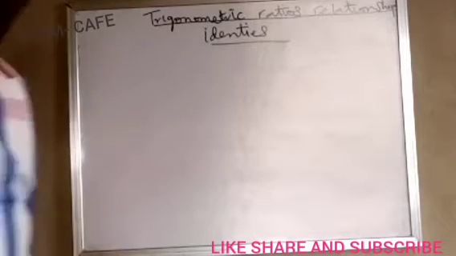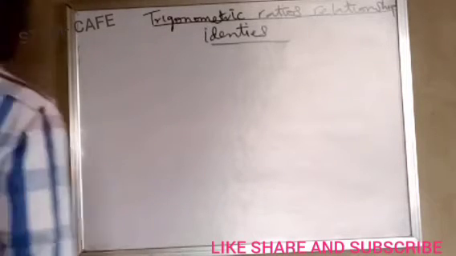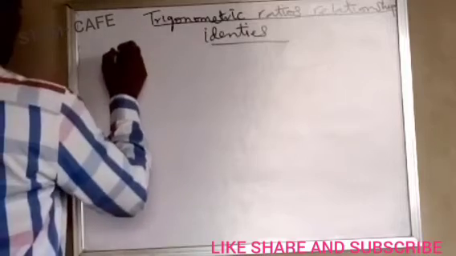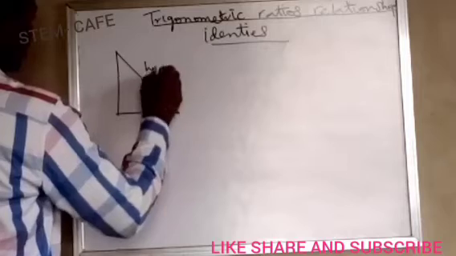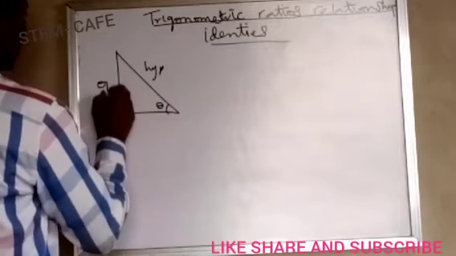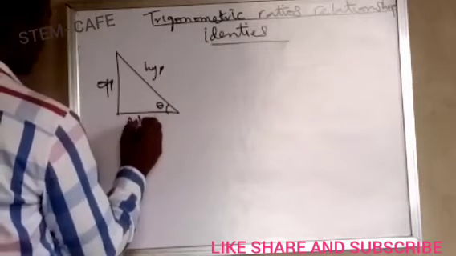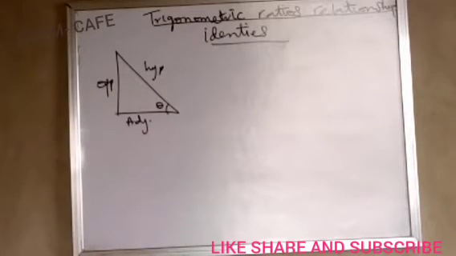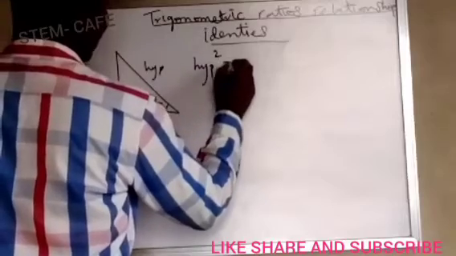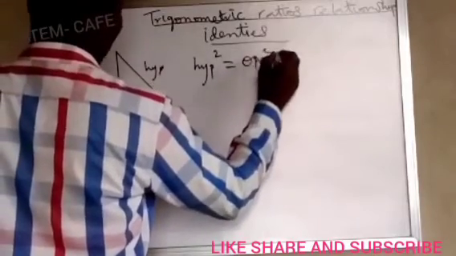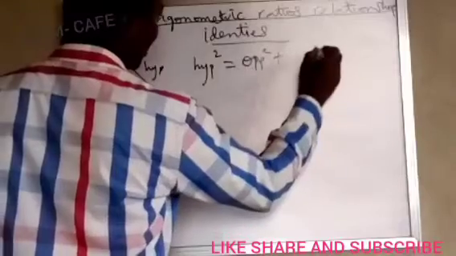Here we are talking about trigonometric ratios, relationship identities. Just as a reminder, we have a triangle like this. This side is hypotenuse, theta, opposite, adjacent. And from Pythagoras theorem, you know that hypotenuse square is equal to opposite square plus adjacent square.